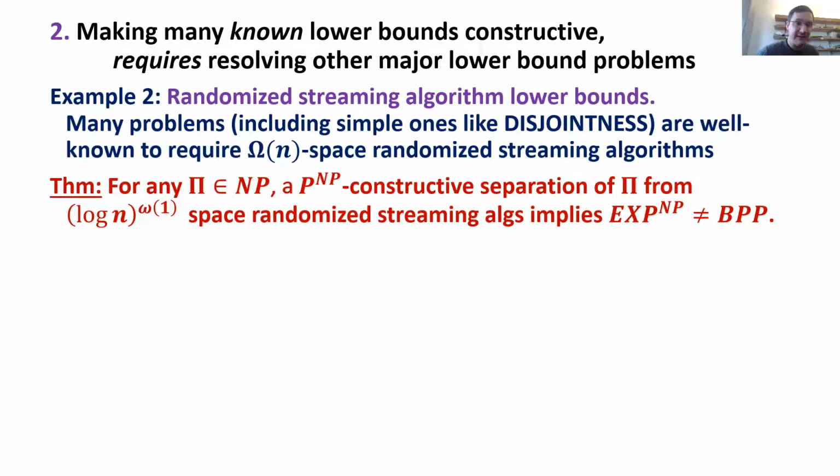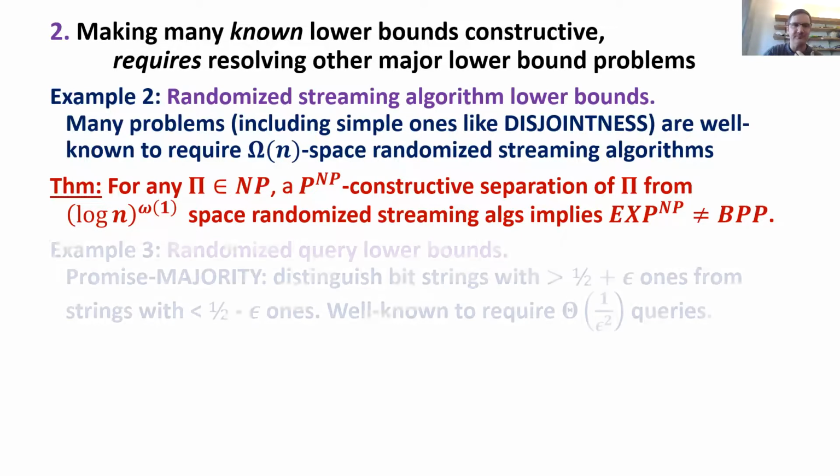You'd get EXP^NP is not equal to BPP. This is one of those embarrassing open problems in complexity theory, but nevertheless, it is a long-standing open problem. And so getting even mildly constructive separations for randomized streaming algorithms would be a major consequence in complexity theory.